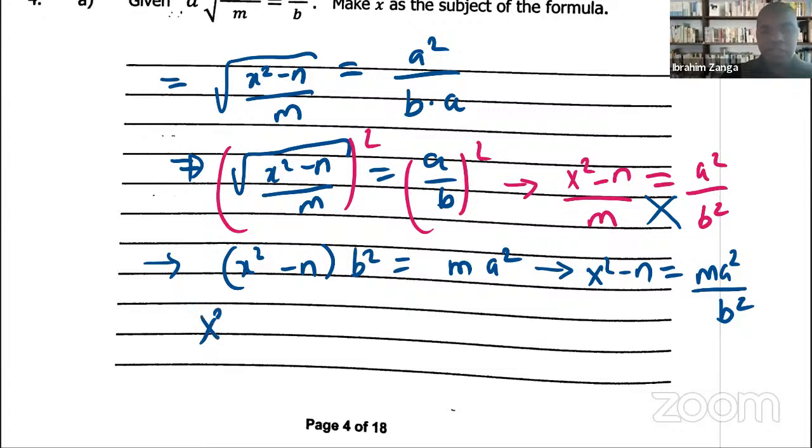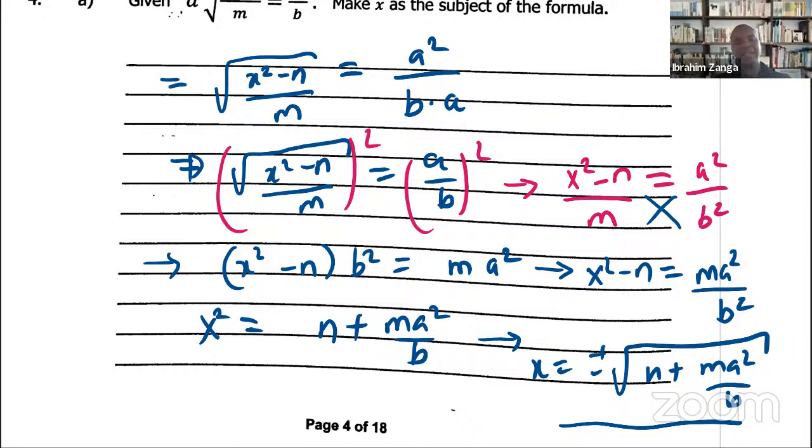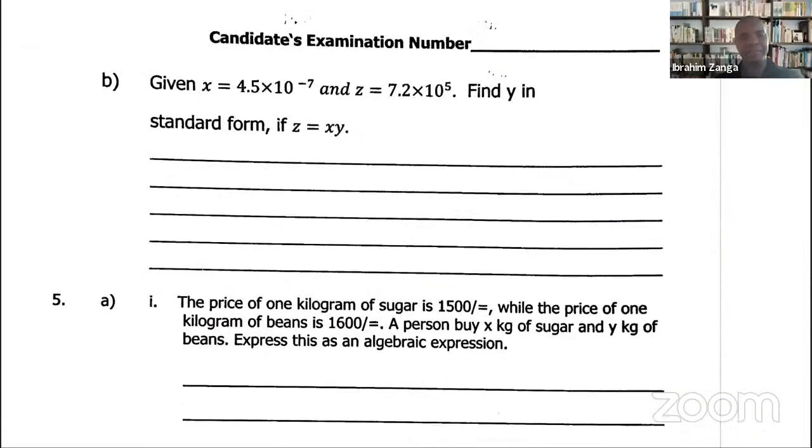So x squared, dear students, will be n plus m a squared over b. So x now will be plus or minus the square root of n plus m a squared over b. Yeah, so that is the last answer.